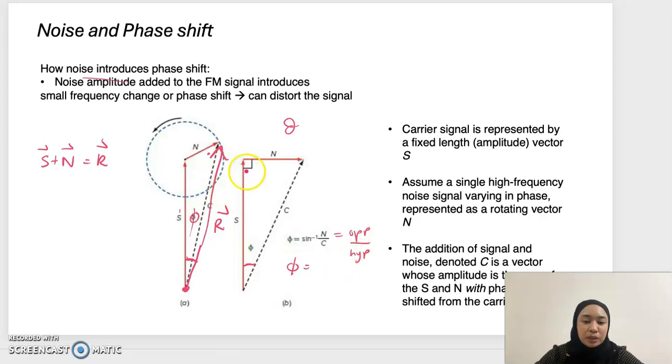But if we want to use what we have already here, which is signal and noise, I will be using tangent, so it's tangent of N over S. That is how you find out the phase shift with respect to the original signal after it has been added with noise.